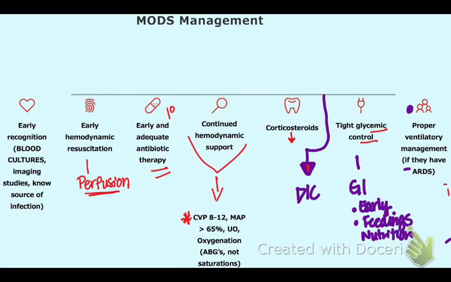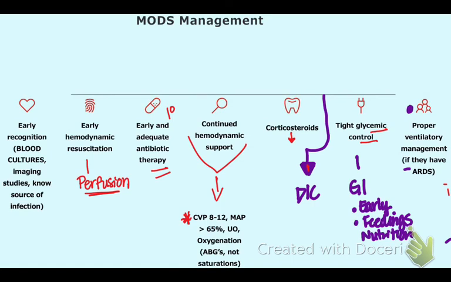Let's talk a little bit about this tight glycemic control with your MODS. What happens when your glycogen stores are all utilized by the body? The body uses up the glycogen stores, then it's going to start using its amino acids or its proteins to convert to glucose.